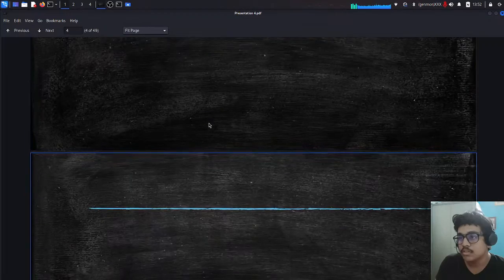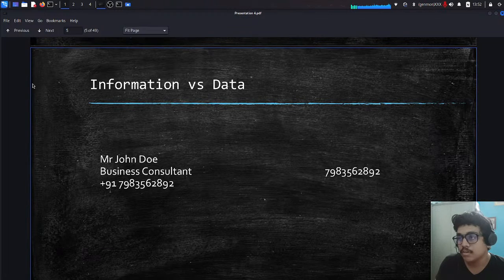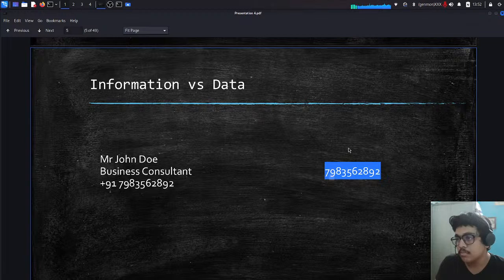So let's take another example, information versus data. This is a random number, but we don't know anything about this random 10 digit number. But if you see here, this is information, as this number belongs to Mr. John Doe, and this number is starting with plus 91, so it means it is an Indian number, and we can see that Mr. John Doe is a business consultant.